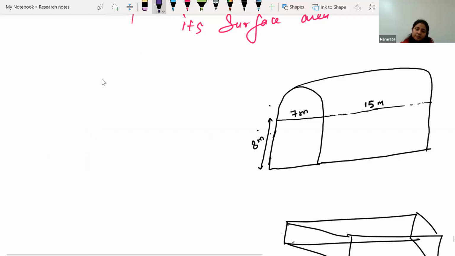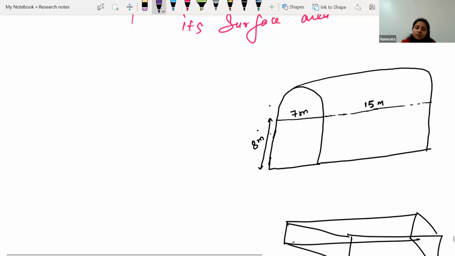It's not a cube, it's a cuboid, made up of rectangles. Length into breadth into height.